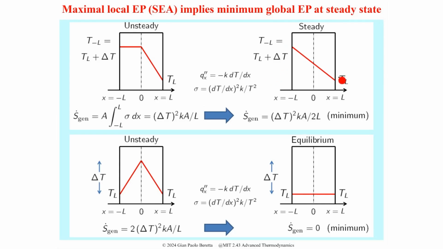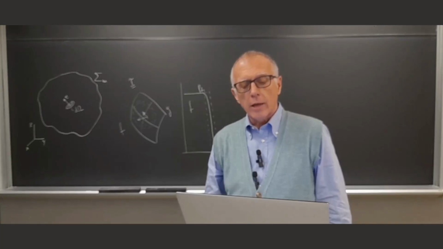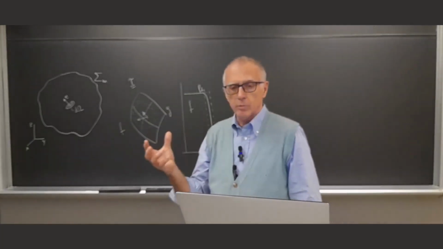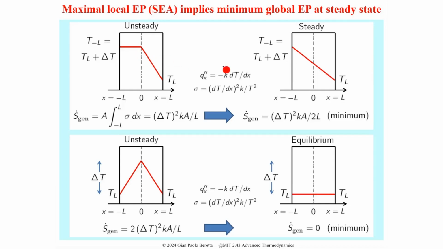If you compute it here, it's this much. It's a half. So the system, as it moves from here to there, has an overall global entropy production that goes down in time until it reaches a minimum at steady state.